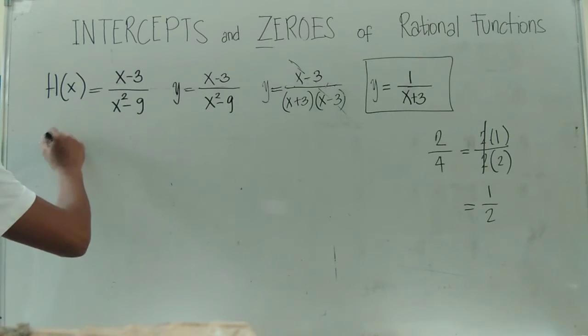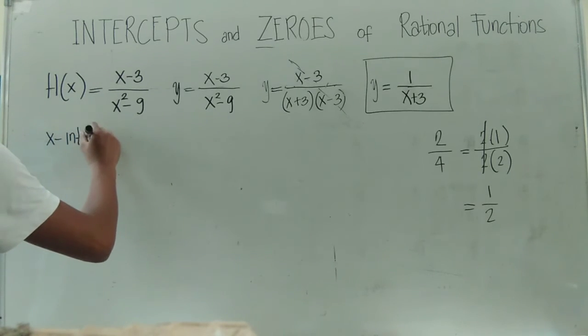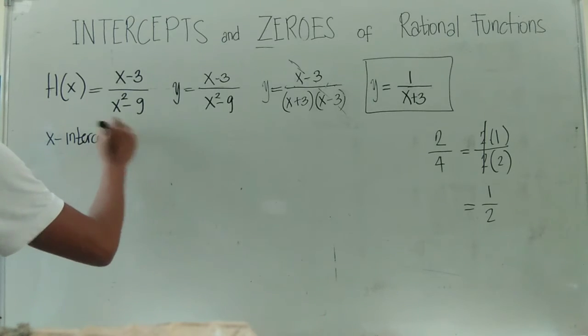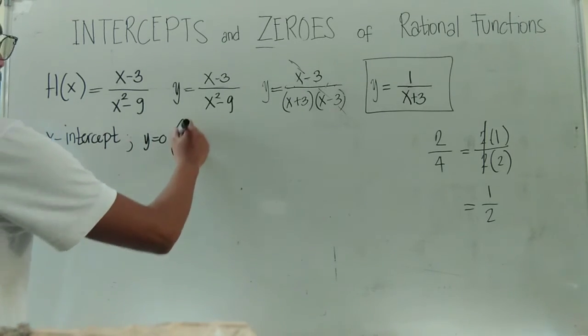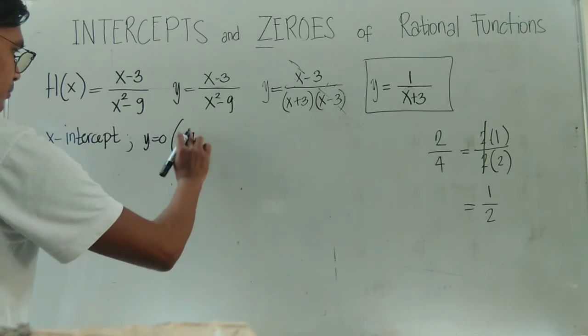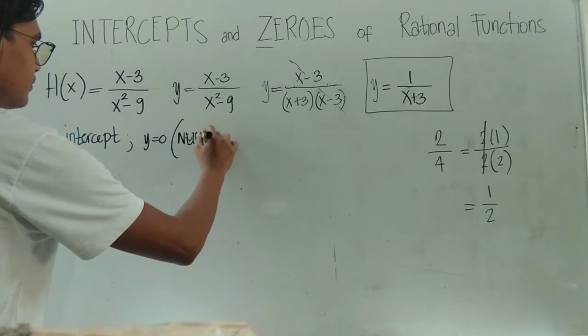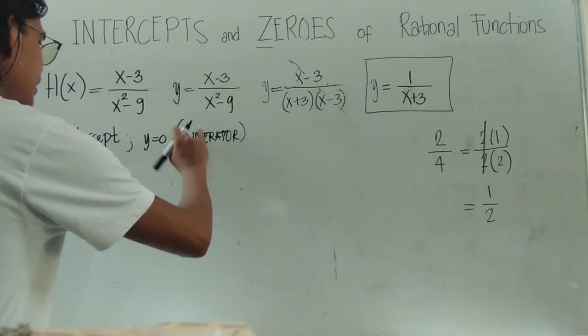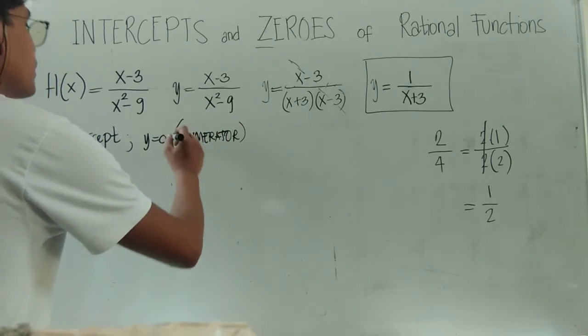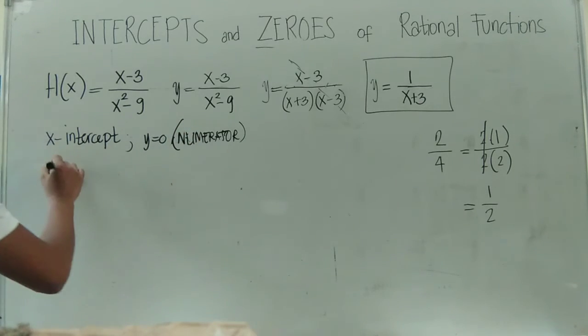So now let us solve for your x-intercept. For the x-intercept, y will be equal to 0, or we will be using your numerator. So identify your numerator. Your numerator is 1.